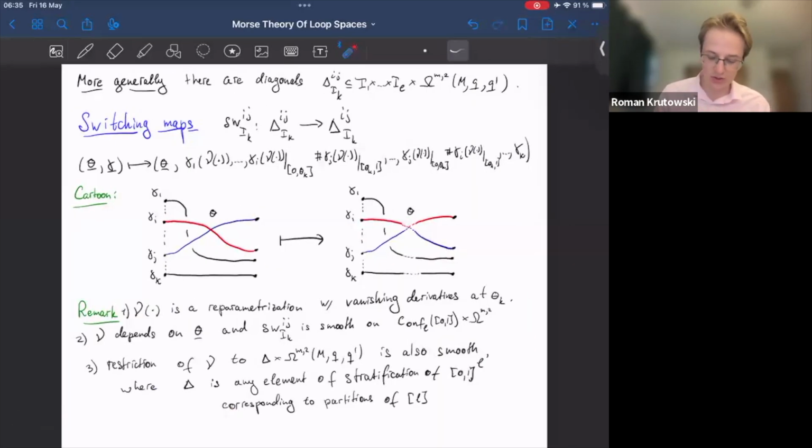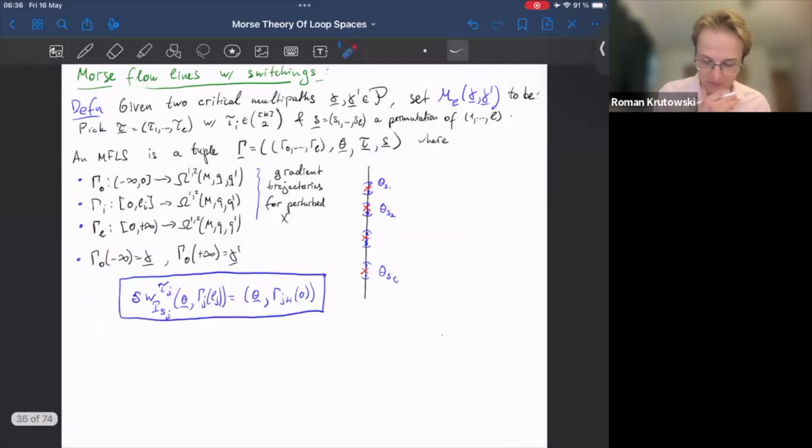And moreover, you can guarantee that its restriction to all possible strata corresponding to various partitions of the L element set is also smooth, but it's not smooth on the whole product of [0,1]^L times Omega_m2. For this reason, I don't think you can make it smooth everywhere. So this introduced certain complications later on.